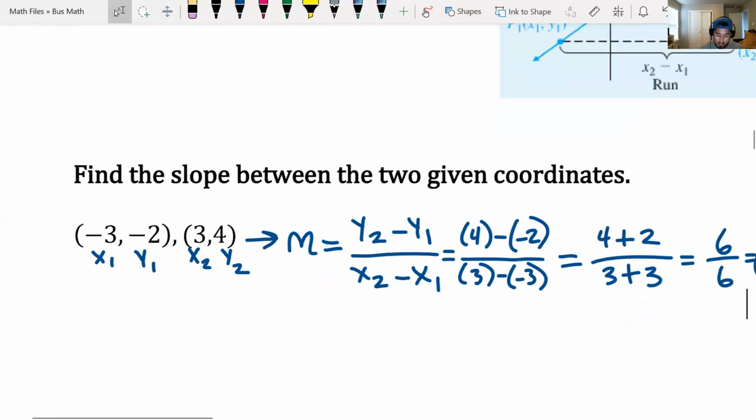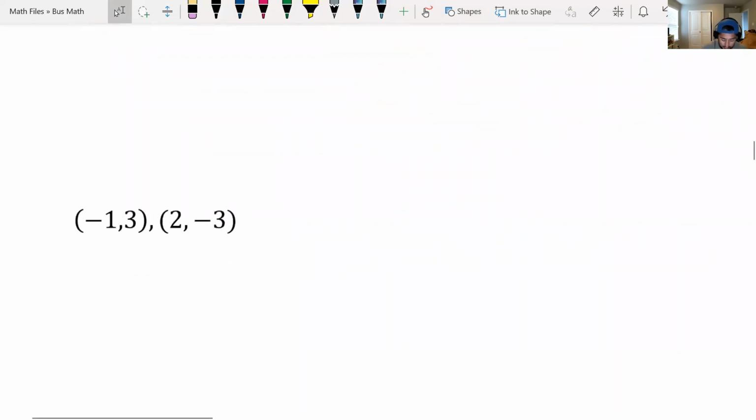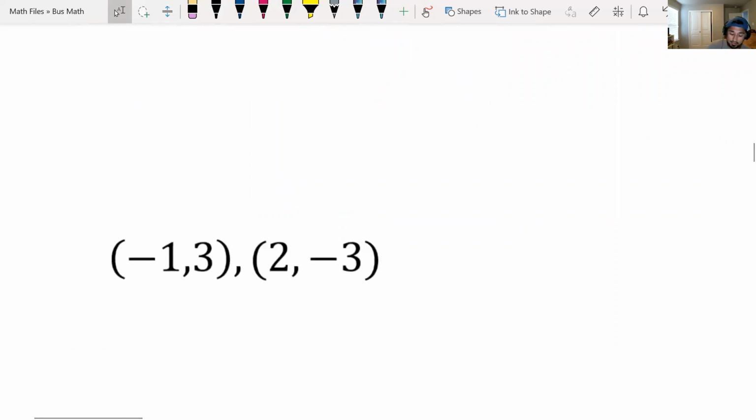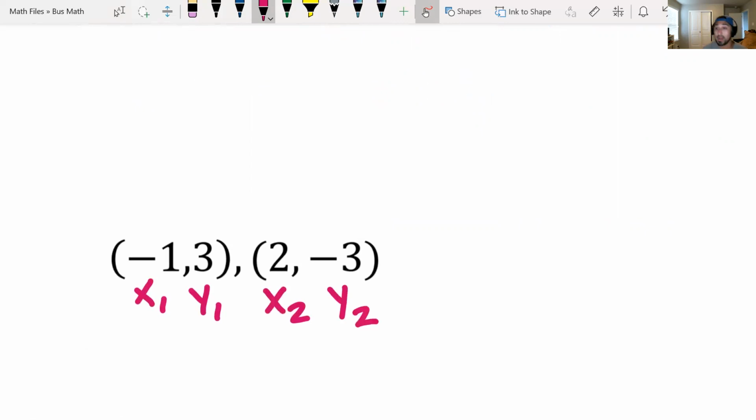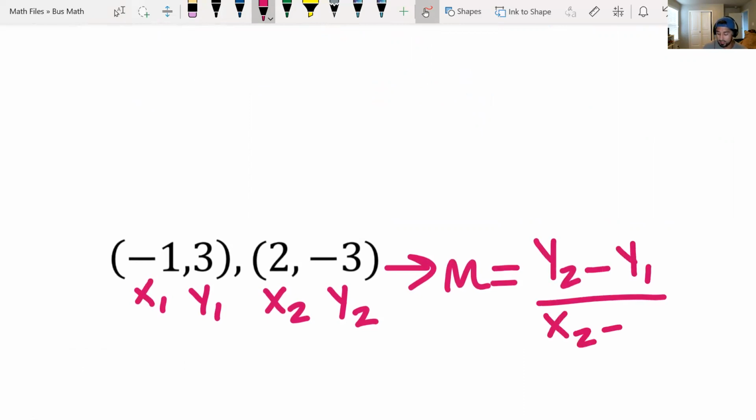Okay, do it again. Label everything: x1, y1, x2, y2. Let's go to our slope formula. m equals (y2 minus y1) over (x2 minus x1). And the reason I keep writing it is the more times I write it, the more times it burns into your brain.